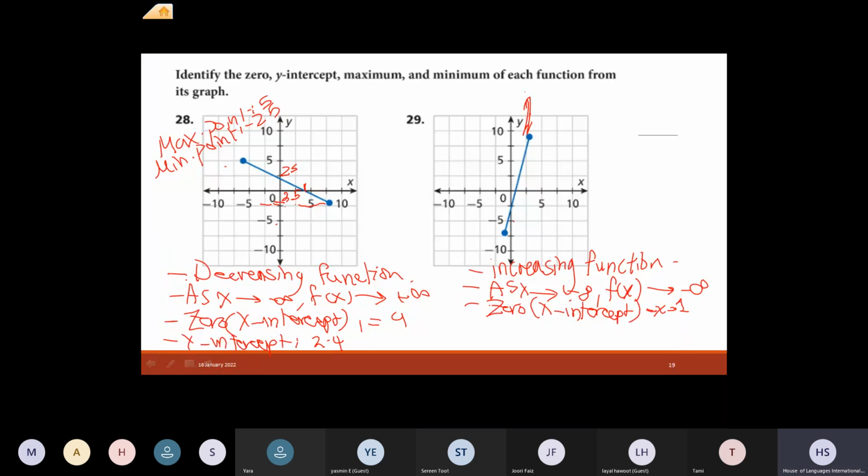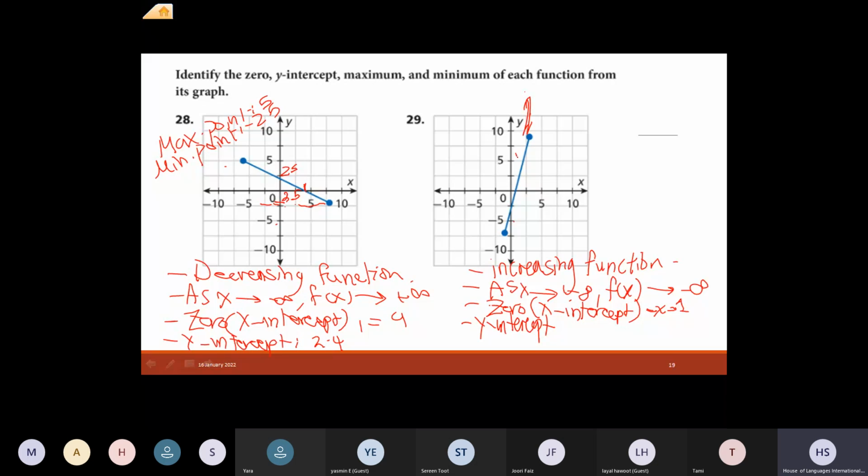Y-intercept, Ranim. Here, what do I mean by the y-intercept?